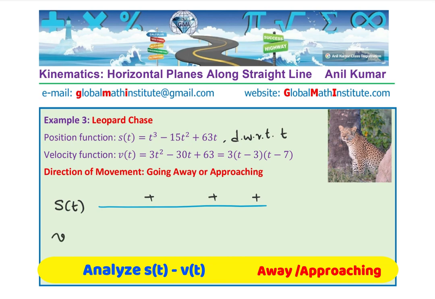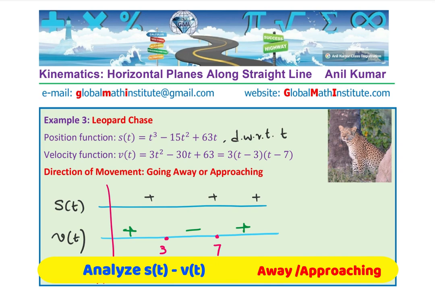But if you look at the velocity function, then we found that it has zeros at 2 points. One was at 3 and the other one was at 7, right? This is positive from 0 to 3, negative and then positive. So let me rewrite this to be our starting point 0, the reference point.